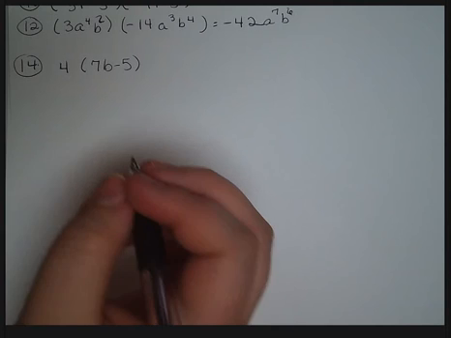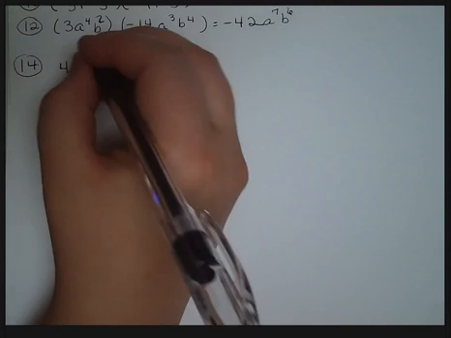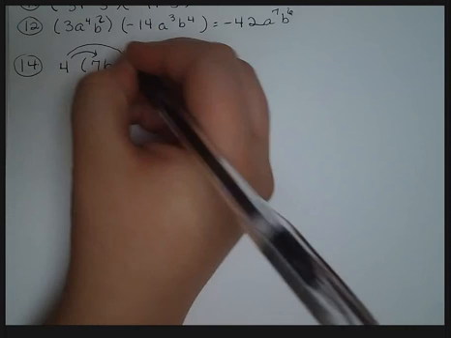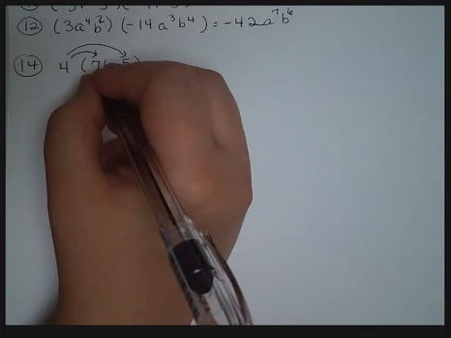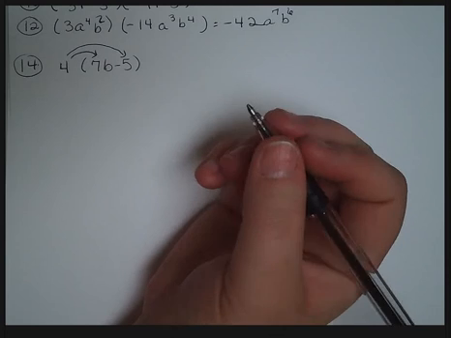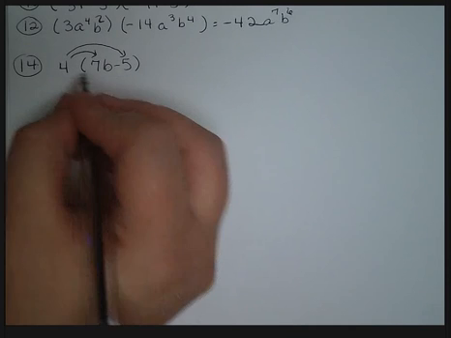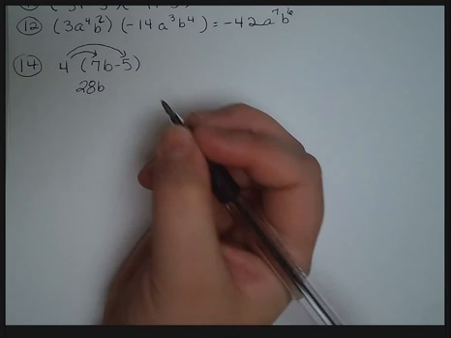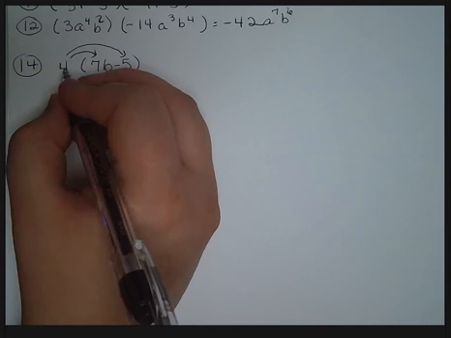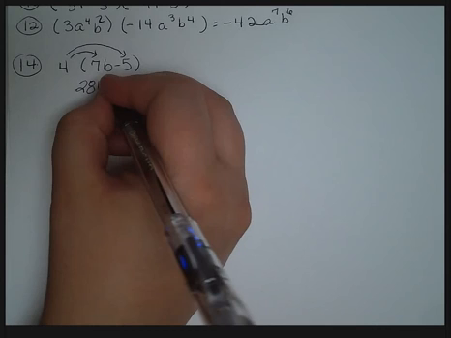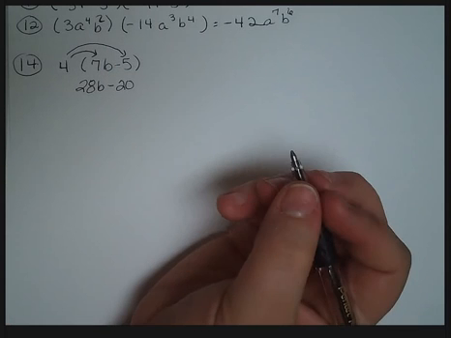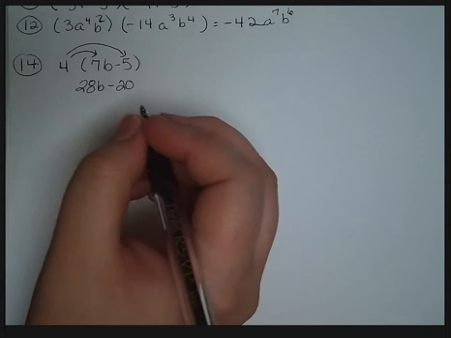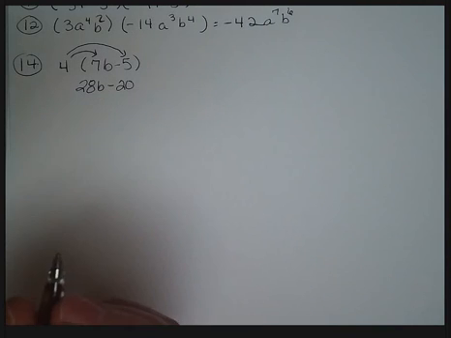Your distributive property means you're going to distribute that 4 into each of these terms, meaning multiply. So we're going to multiply 4 times 7b to get 28b, and then you multiply that 4 times negative 5 to get a negative 20. And that's our answer. You can't combine those because they are not like terms, so they are as simple as it'll go.